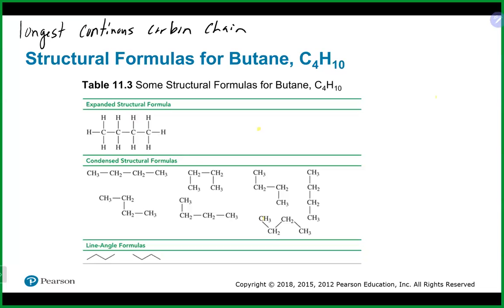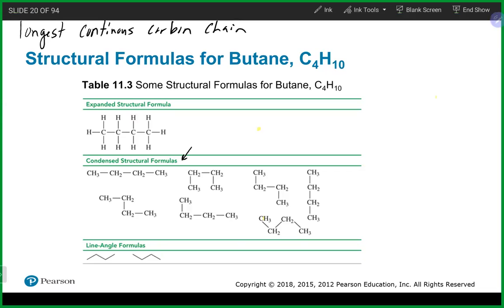So that's how you know, for example, if you drew something that is the same molecule, or something that is a different molecule. All of these guys down here, although they may all look different to you and drawn differently, they're all butane, because butane has 4 carbons.